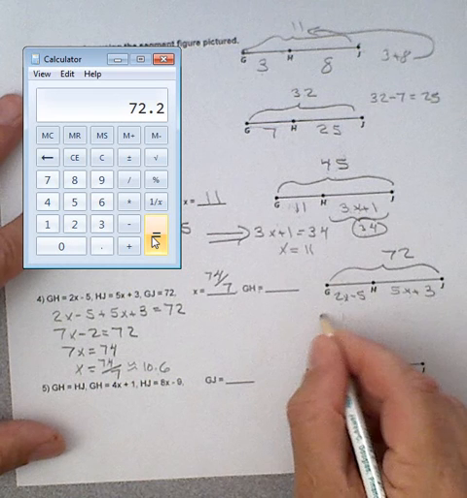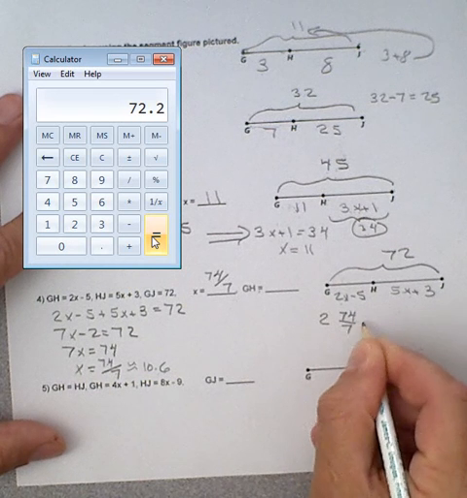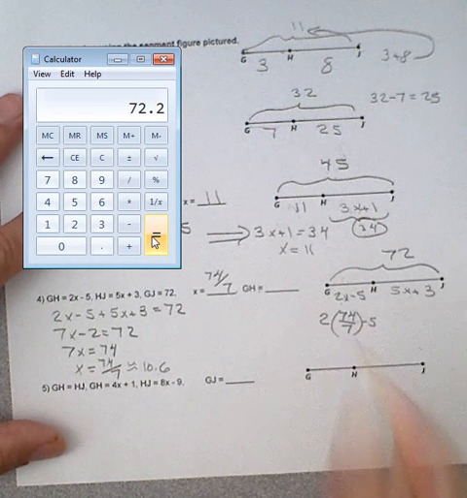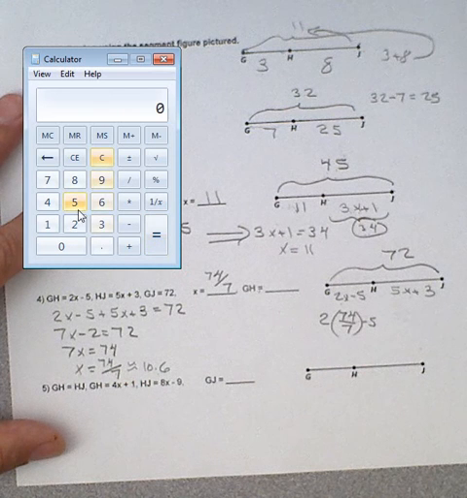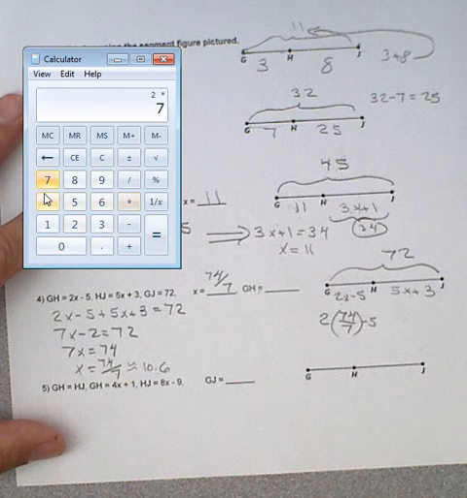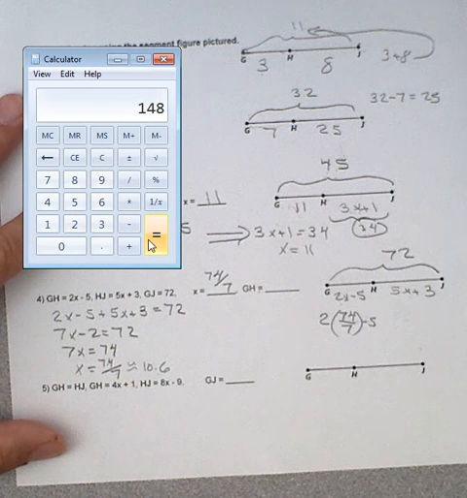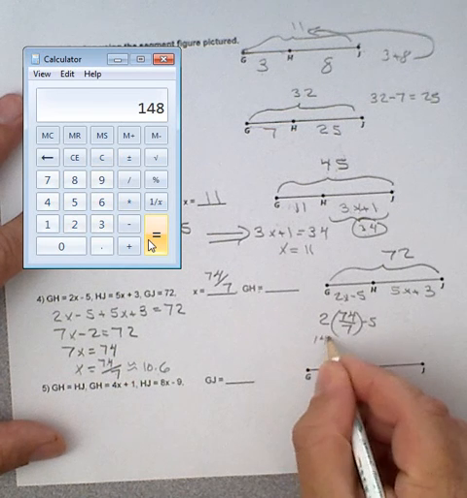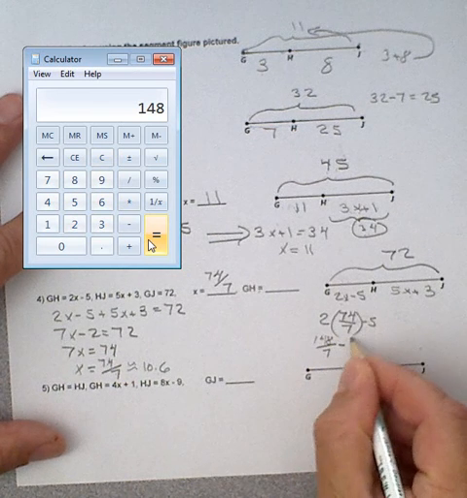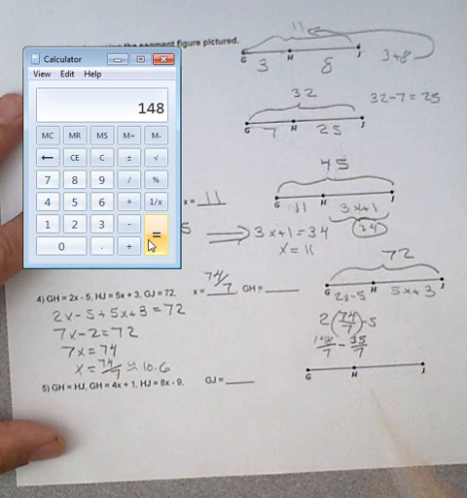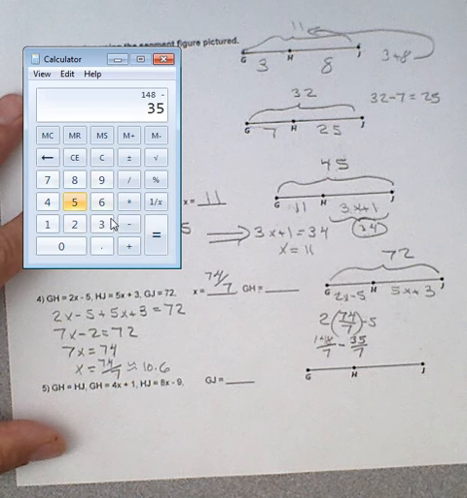2 times 74 over 7 minus 5. And 2 times 74, I get 148 over 7. Minus 5, that's the same as 35 over 7. So 148 minus 35 of them gives me 113 sevenths.